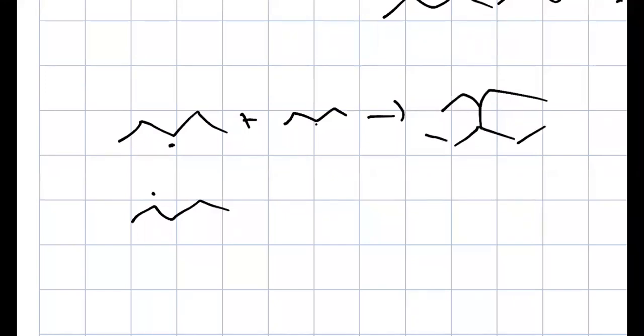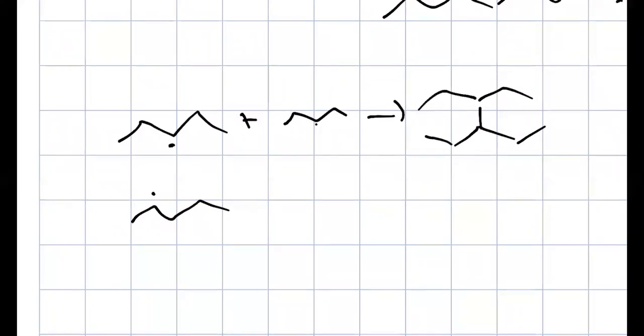Right? I don't want that product. And the reason I don't want it is because that's not the goal of the reaction. The goal of the reaction was to do radical substitution and put chlorine on the chain. Right? I don't want that product.